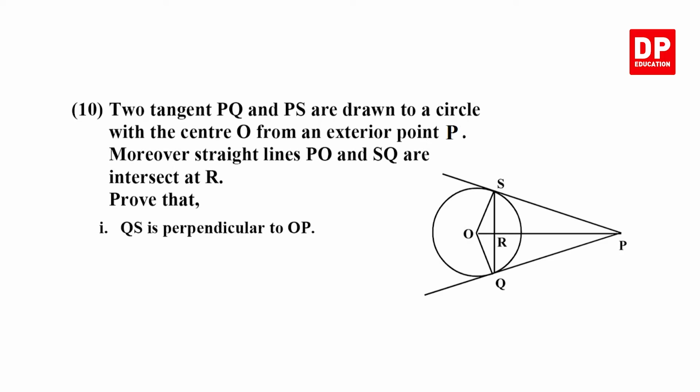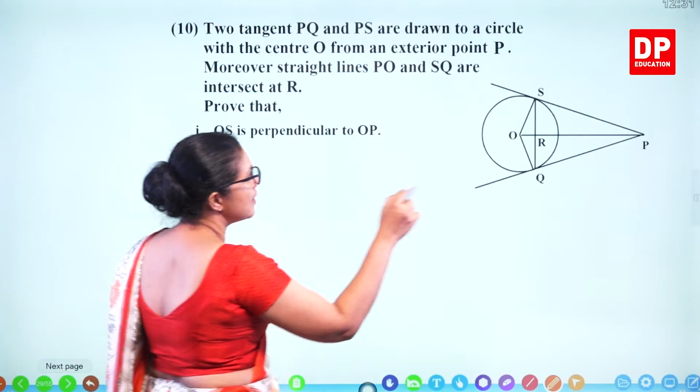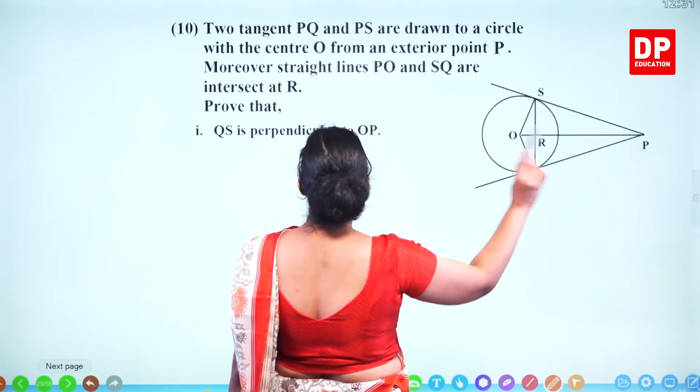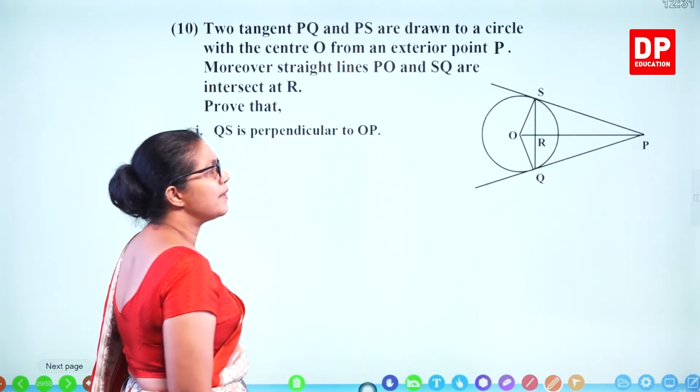So this is about proofs. Two tangents PQ and PS are drawn to a circle with center O from an exterior point P. Moreover, straight lines PO and SQ intersect at R. Prove that QS is perpendicular to OP.